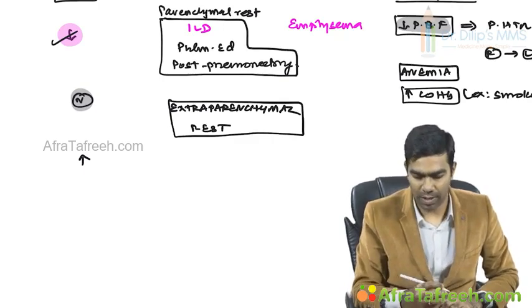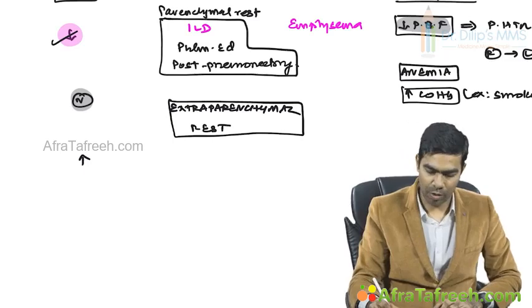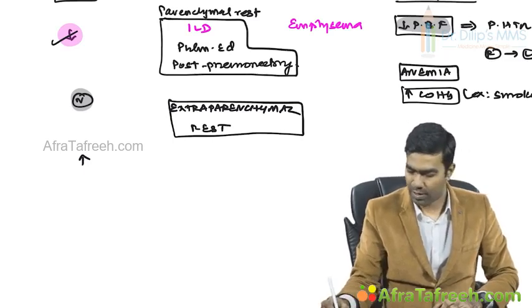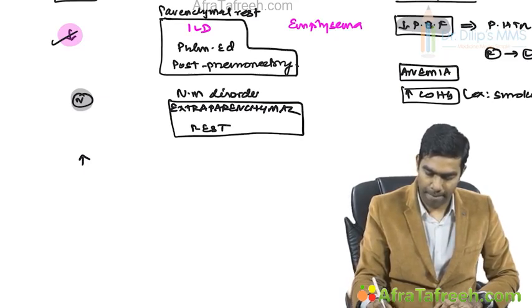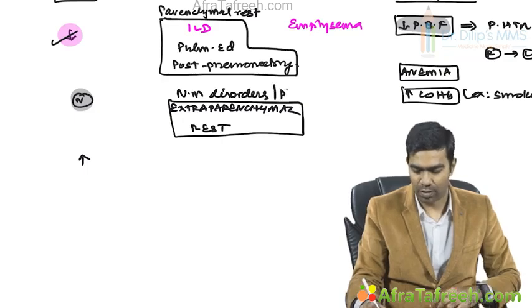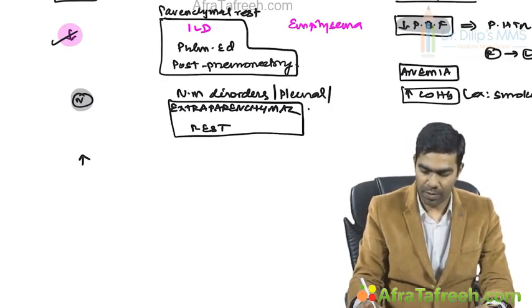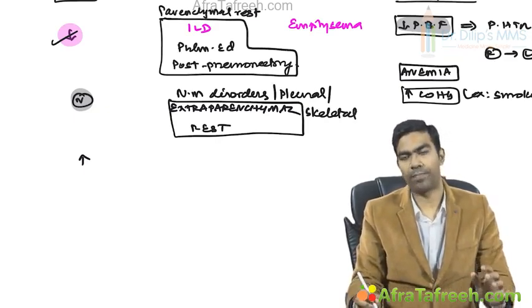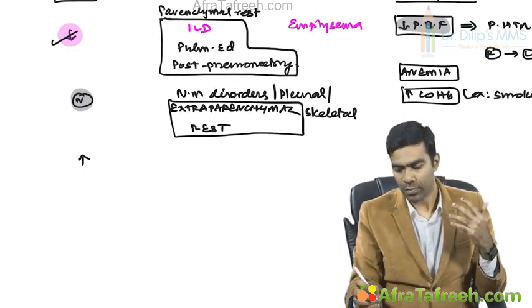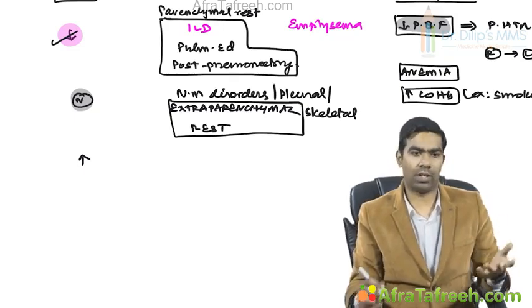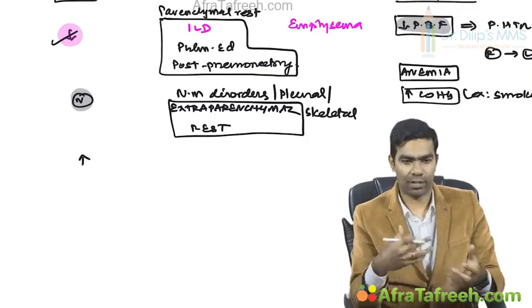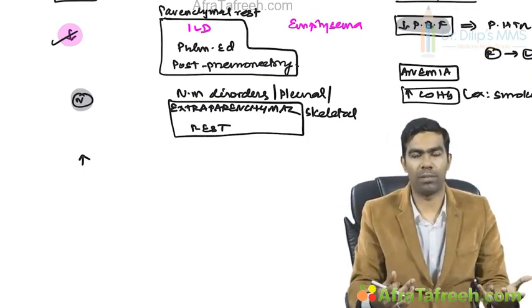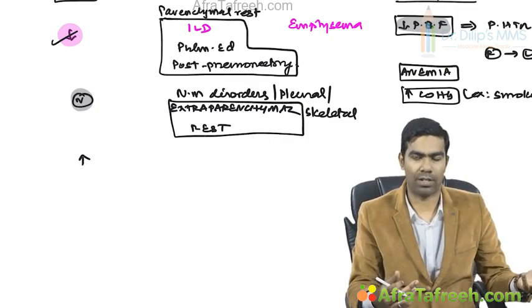Whenever you say extraparenchymal restriction, it means I'm going to deal with neuromuscular disorders, or pleural disorders, or skeletal problems like kyphoscoliosis. A neuromuscular, pleural or skeletal disorder is not a parenchymal disease. It is an extraparenchymal disease that is preventing the movement of the lung properly. Because of that, you are having a restriction.